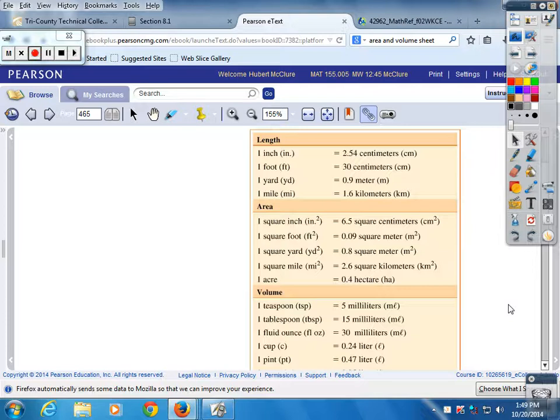Do not Google it. Why? Because some books say 1 inch is equal to 2.54 centimeters, and some books say 1 inch is equal to 2.542 centimeters. And then that will throw a monkey wrench into your answers. So don't do that.